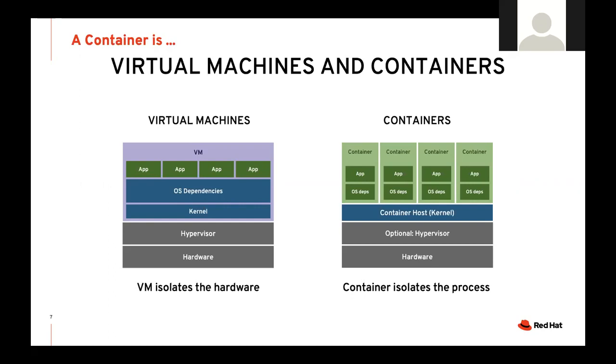The typical architecture of a virtual machine includes a lot of configuration and dependencies between the actual application and the underlying operating system within a virtual machine. There are a lot of dependencies between these, in addition to the dependency between the virtual machine itself and the underlying hardware and virtualization platform.